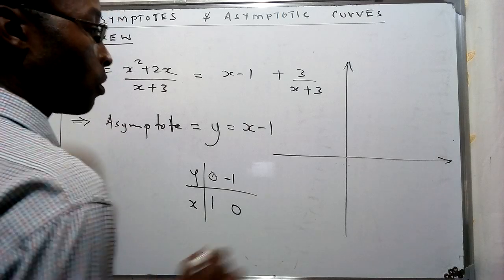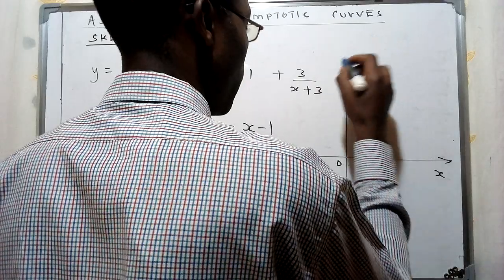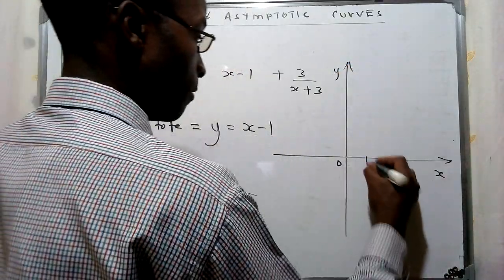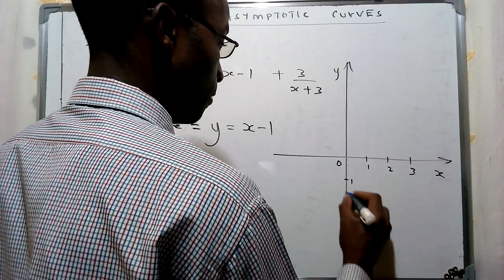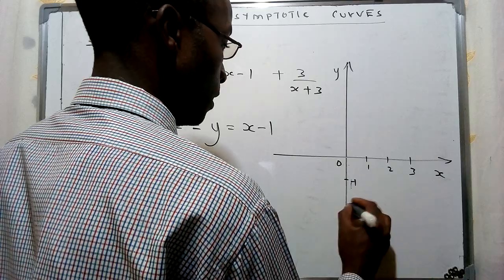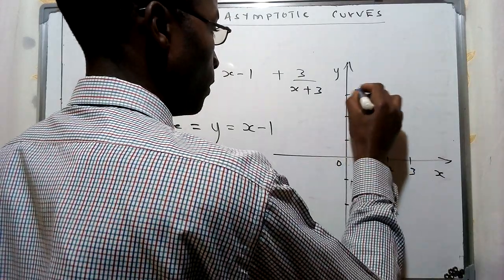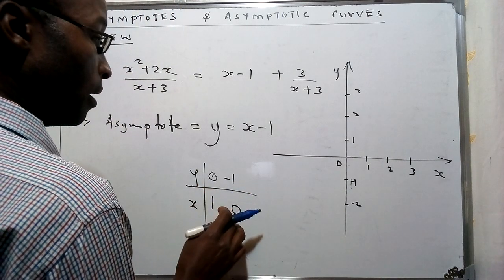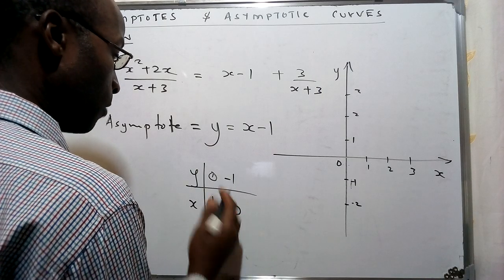So we can have these two coordinates for the line which we can represent as our asymptote, so let's have this one given in terms of 1, 2, 3, -1, -2, 1, 2, 3. So this one is ranging between 0 and -1 for the two values, and therefore we're going to consider the first coordinate for x, y.